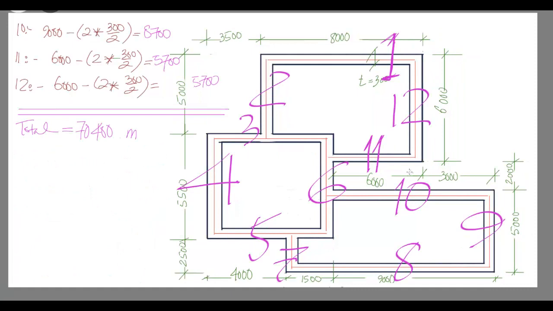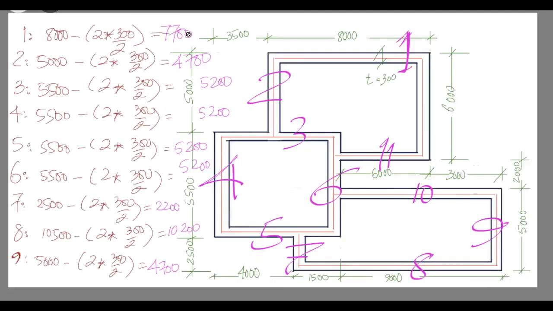Once we continue with numbers 10, 11 and 12, we'll get this result. This is for 10, this is for 11 and this is for 12, and these are the values for each one of them. Once we do the numbers, you get these values, and the same goes for the previous calculation.